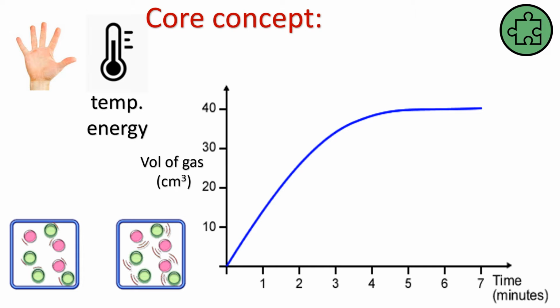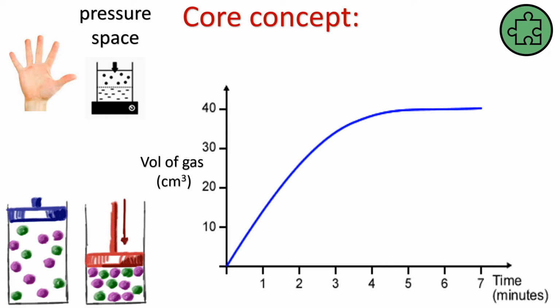If you remember, kinetic energy is movement energy. So if I increase the temperature and I give it more thermal energy, the particles will have more kinetic energy and they will move faster. This means they are more likely to collide successfully, more frequent successful collisions.